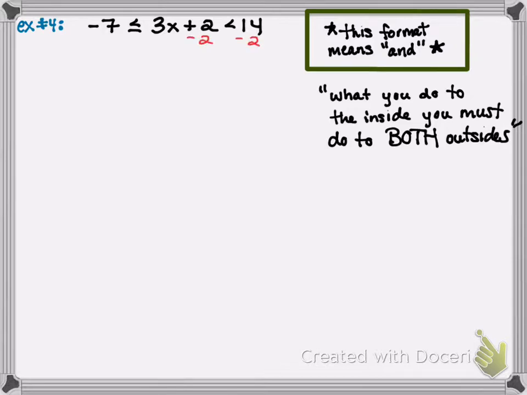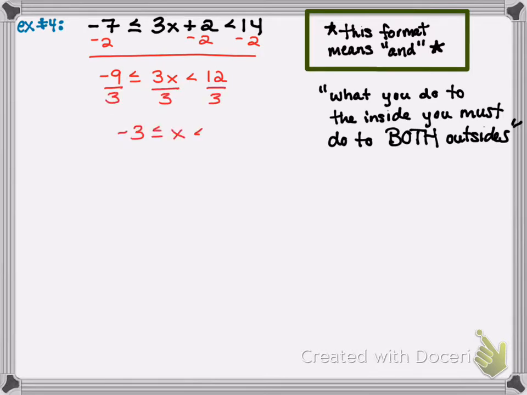So I'll show you what I mean by that. I need to subtract 2. So I'm going to subtract 2 from 14, and I'm going to subtract 2 from -7. Whatever I do to the inside, I must do to both outsides. So when I do that, I get -9 and 12 on the outside, and then I'm going to divide by 3 in the middle, so that means I divide by 3 on both my outsides.